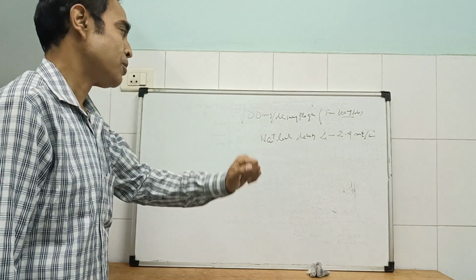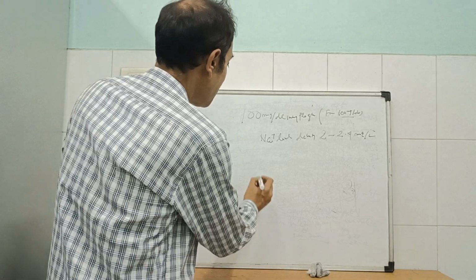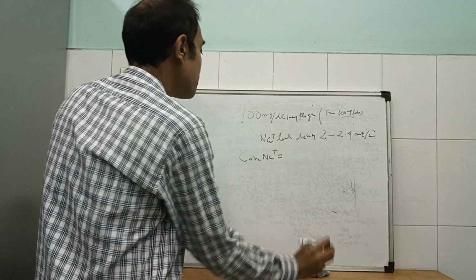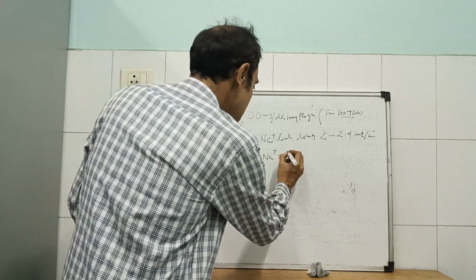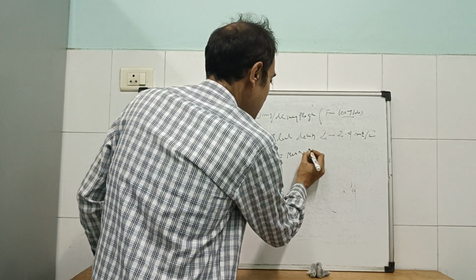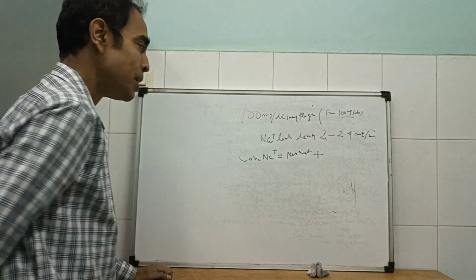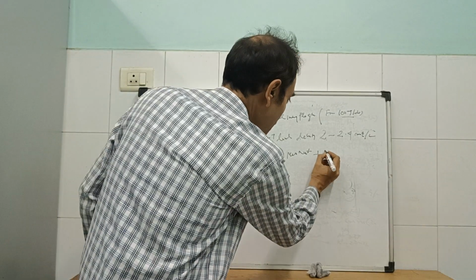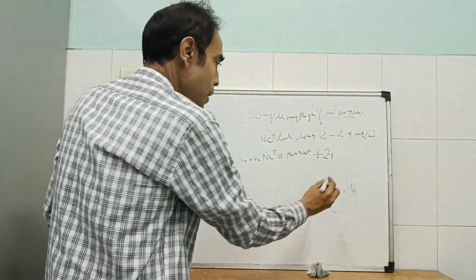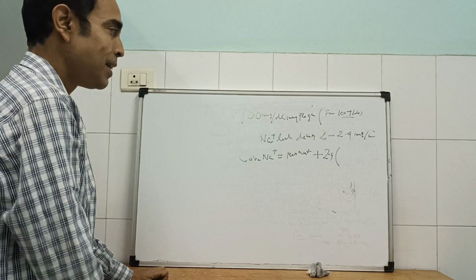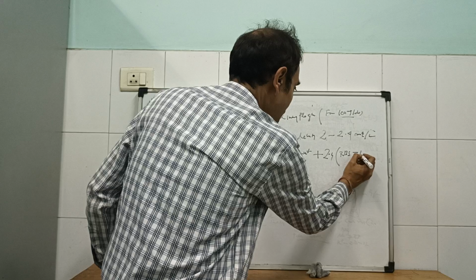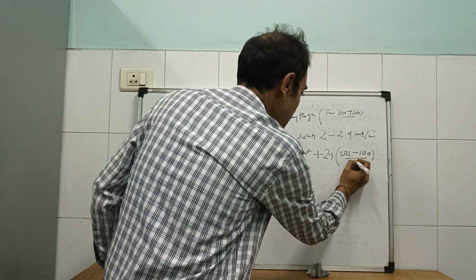Now we have got some formulas. The formula is: corrected sodium is equal to the measured sodium which you get in the blood, plus the correction factor 2.4, because for every increase the sodium decreases by 2.4, open the bracket, the RBS of the blood minus 100, divided by 100.